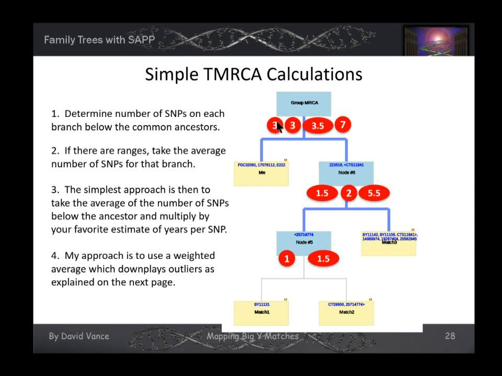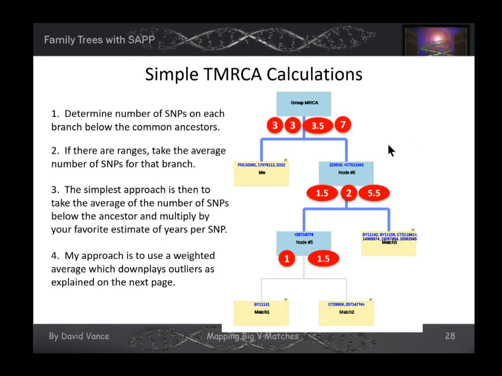But if I did simply take the average here, by the way, I would get an average of about 412 years before present for the common ancestor, so back to around 1600 or so. I have an average of about 250 for this ancestor and around 150 years for that ancestor. And that gives me at least a starting point for how well these matches are connected.